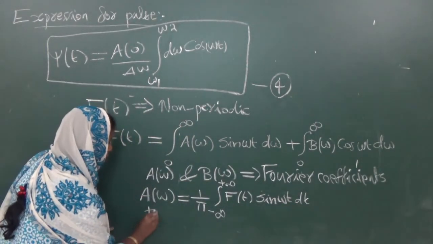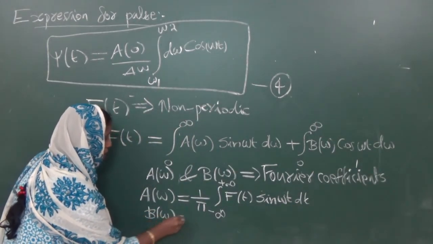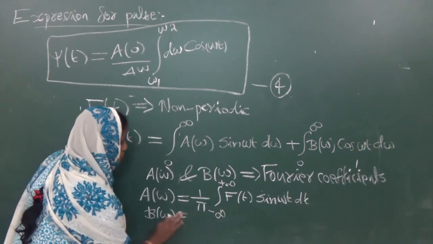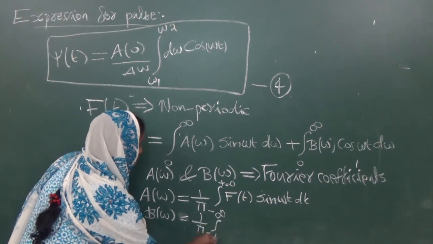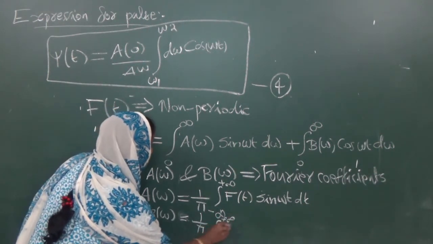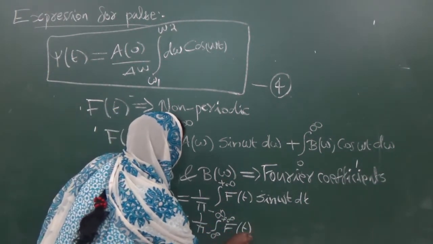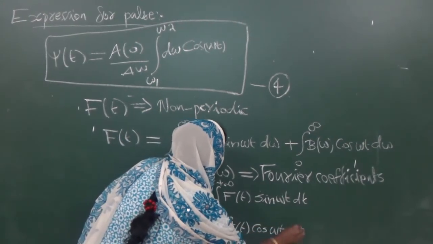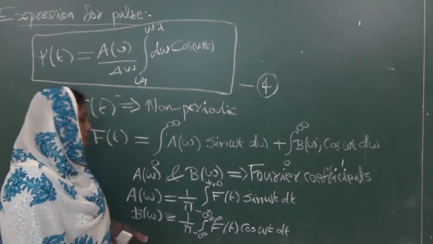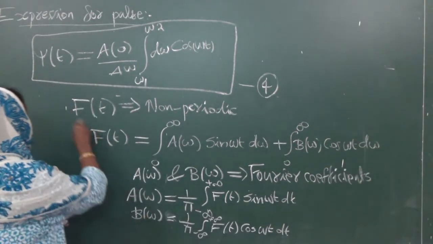Similarly, b of omega equals 1 by pi integral minus infinity to plus infinity f of t cos omega t dt.